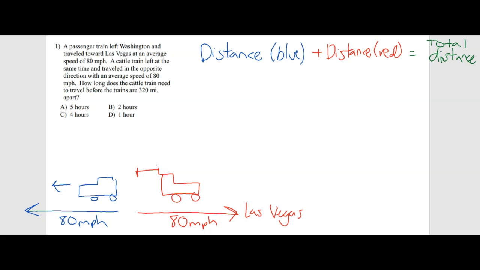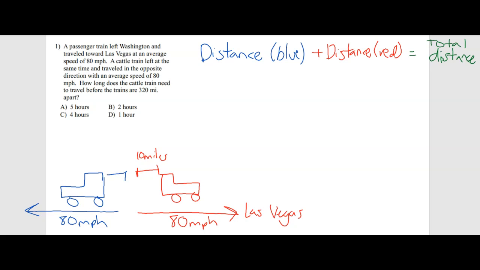So the distance the red train has gone is 10 miles, and we'll say the distance the blue train has gone is also 10 miles. If they're traveling at the same speed, they're going to travel the same distance in the same amount of time.